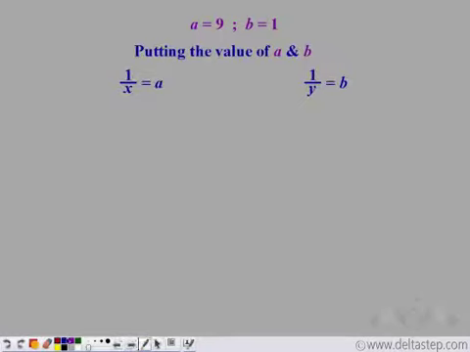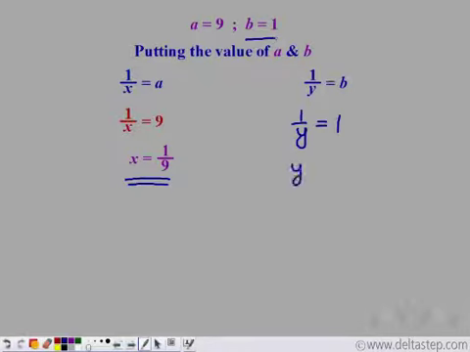So 1 by x is equal to 9 because the solution for a is 9. Or x is equal to 1 by 9. So this is the value of x. Similarly, for y, 1 by y is equal to 1 because b equal to 1 is the solution.